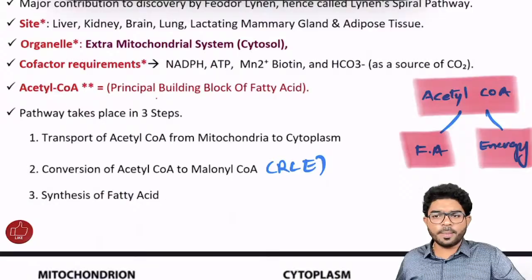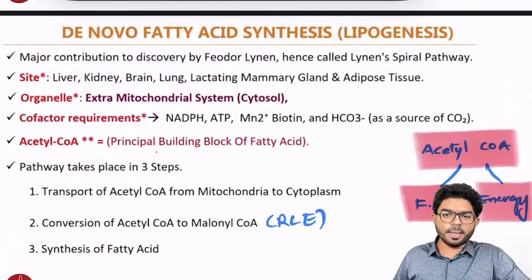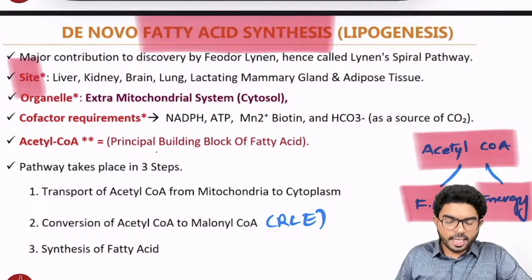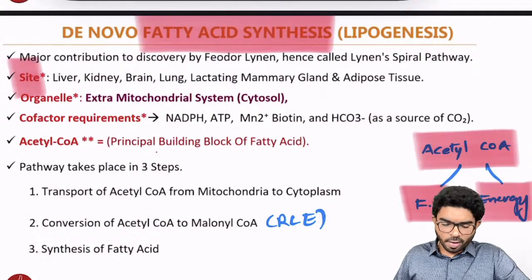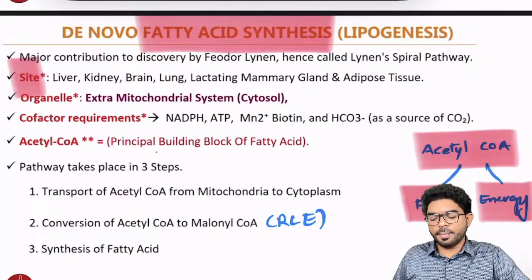That is the concept we have discussed in the metabolism of carbohydrates. If you check out the basics, it is called fatty acid synthesis. It occurs in different organs like the liver, brain, kidney, lung, lactating mammary gland, and adipose tissue.